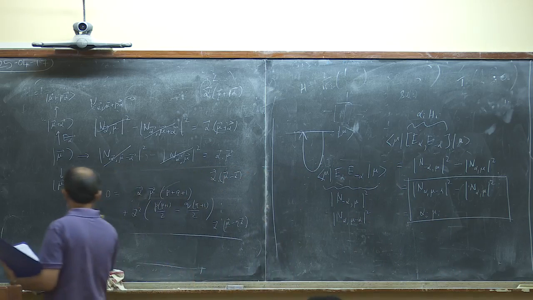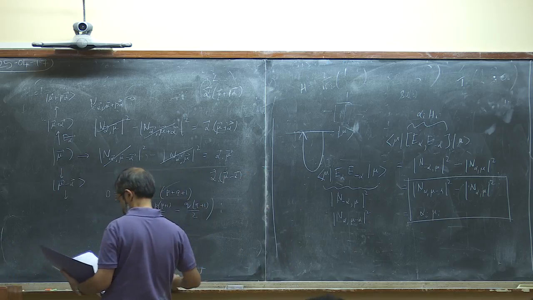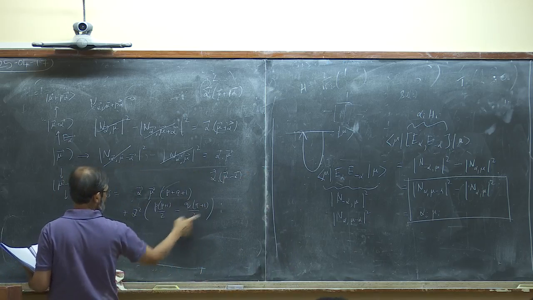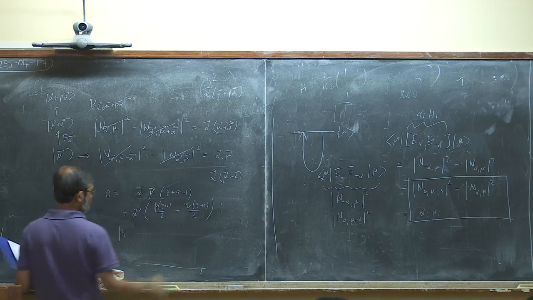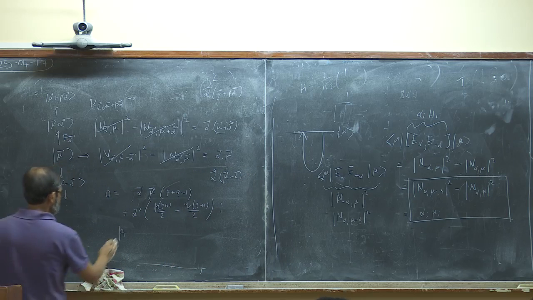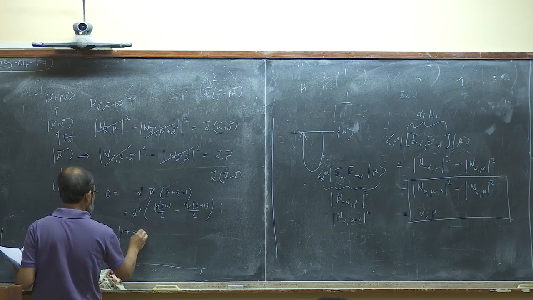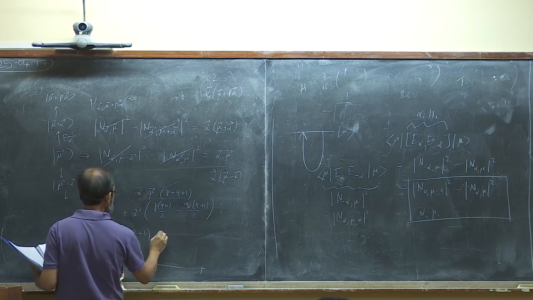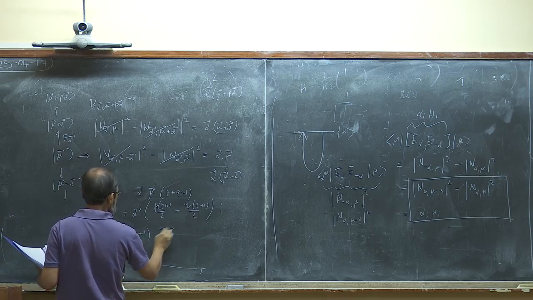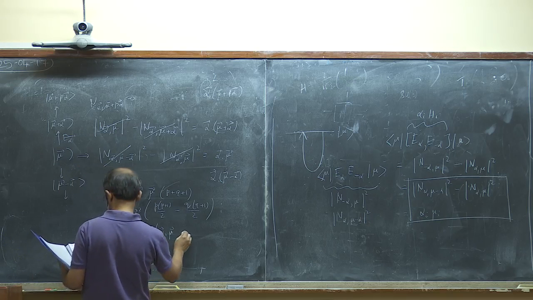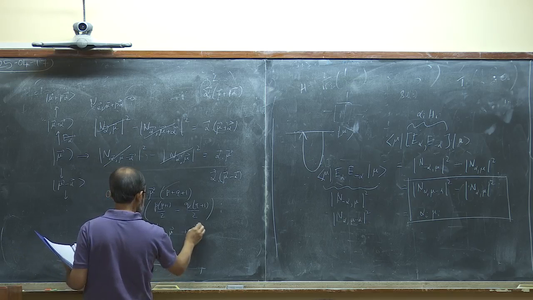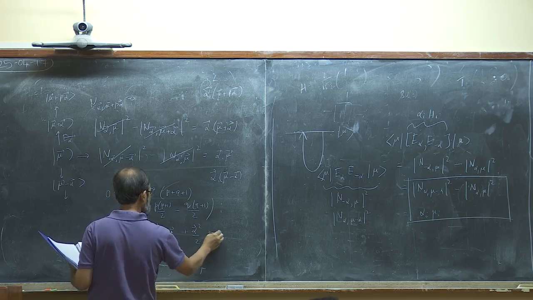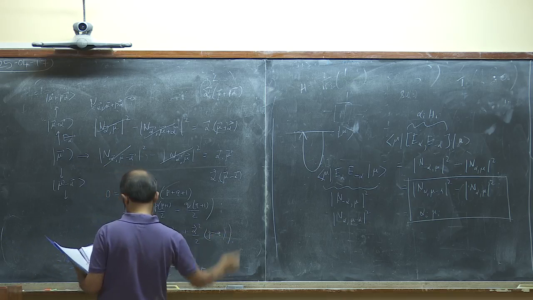You can simplify this a little bit. Believe it or not, this has a p plus q plus 1 factor. This is alpha dot mu plus alpha square by 2 times p minus q.